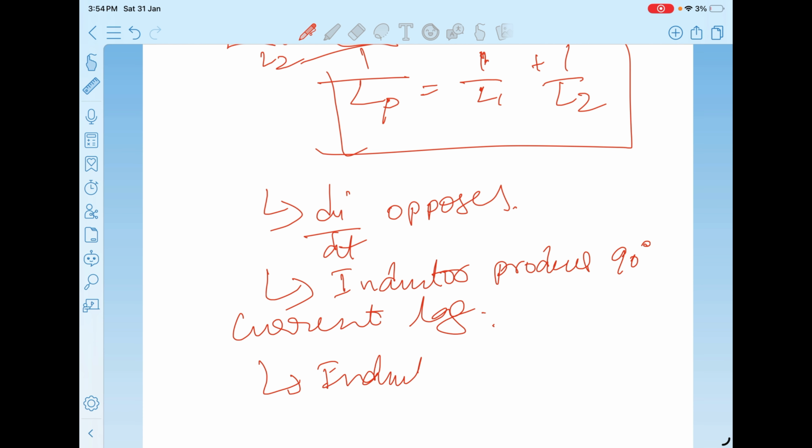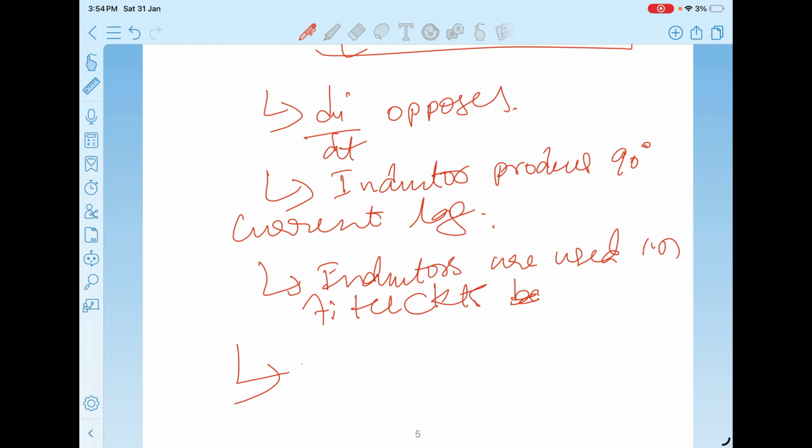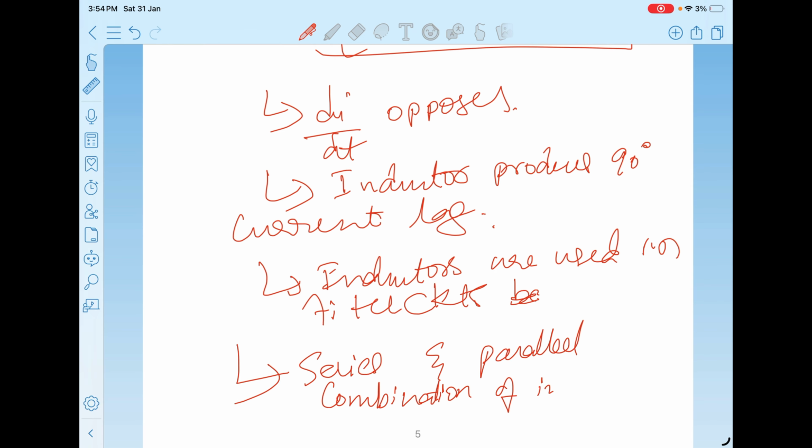Inductors are used in filter circuits. Next, series and parallel combinations of inductors.